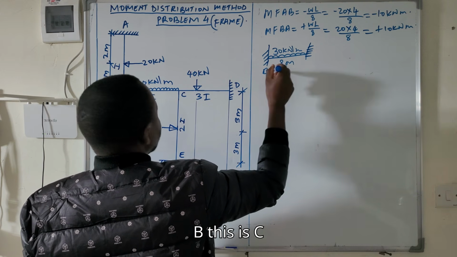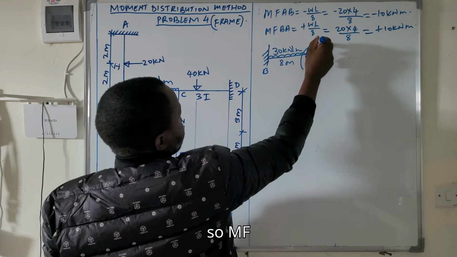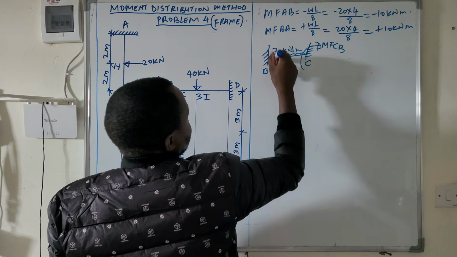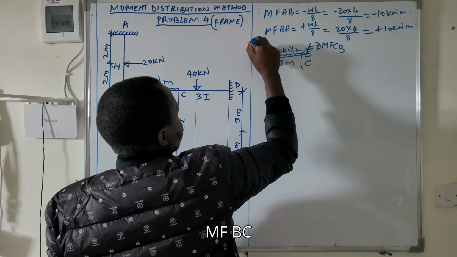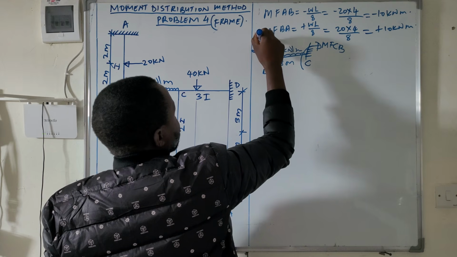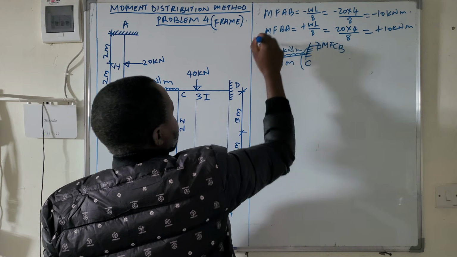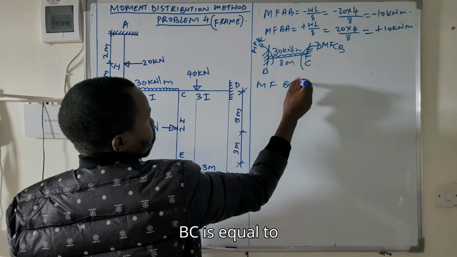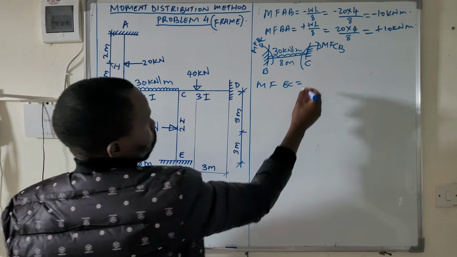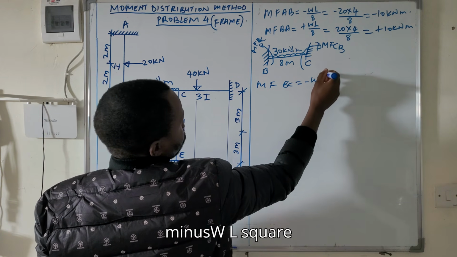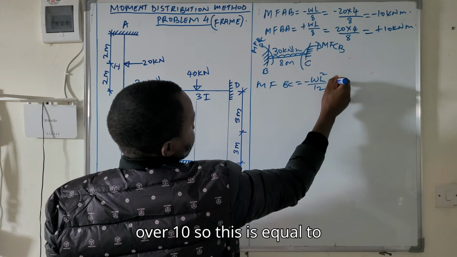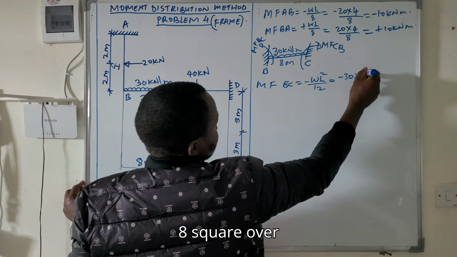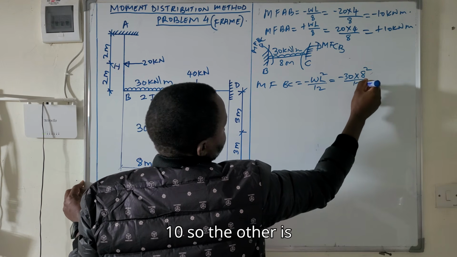This is B, this is C. So MFCB, MFBC. MFBC is equal to minus WL square over 12. So this is equal to minus 30 times L, which is 8, square over 12.